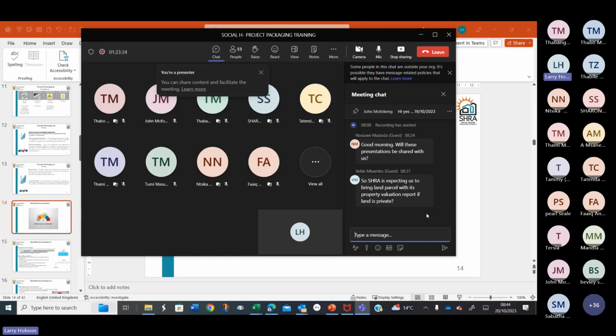So is SHRA expecting us to bring a land parcel with its property valuation report if the land is private? Well, some kind of value needs to be attributed to the land being brought in. So for that, you would need an independent valuation report.